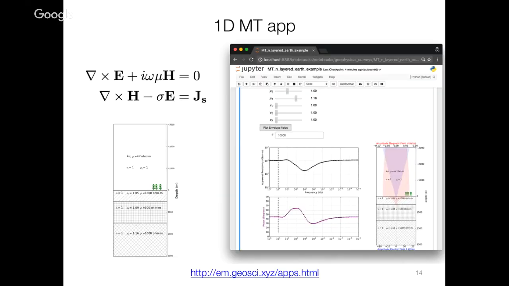So we have an app. There's a 1D app that actually allows you to experiment with not only conductivity, but magnetic permeability and electrical permittivity, just to see how the fields go and what apparent resistivities and phases would look like.